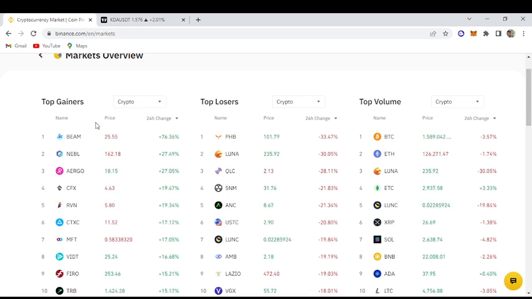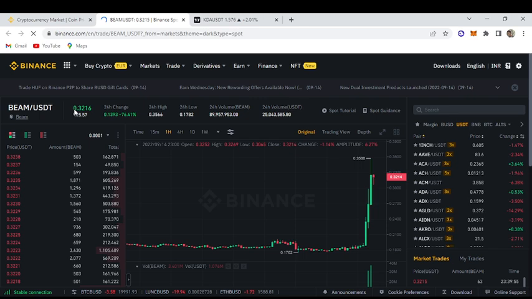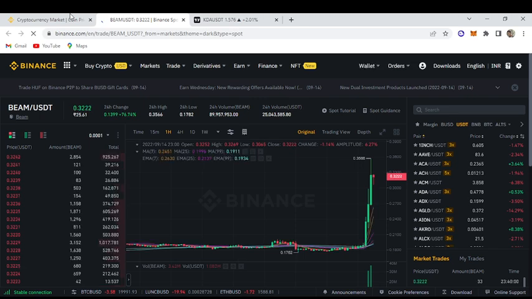That's hard to believe but true. We can see Beam USDT is currently at $0.32, and its 24-hour change is 76%, which is huge. If you had bought $100 of Beam coin yesterday, you would now have $176. That's huge.